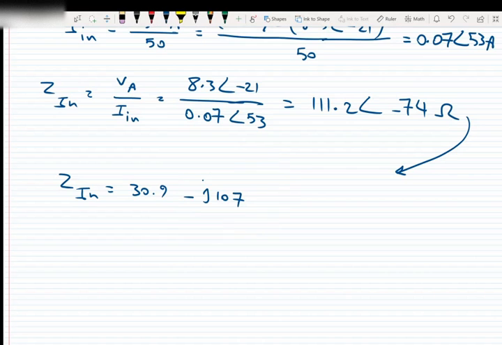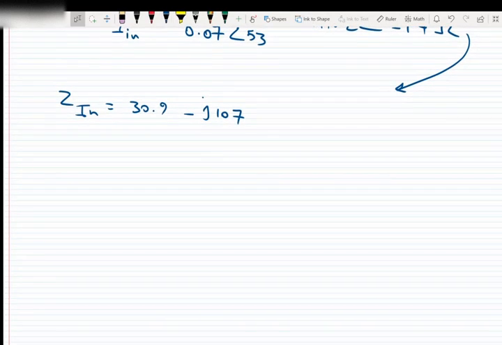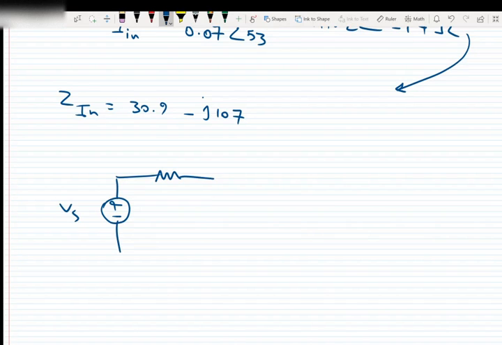So if we want to draw an equivalent circuit for this circuit, we can say, okay, we have our voltage source Vs, we have the 50 ohm resistor which is before the dashed line, and after the dashed line we will have another resistor with a value of 30.9 and a capacitor with a value of negative J107.